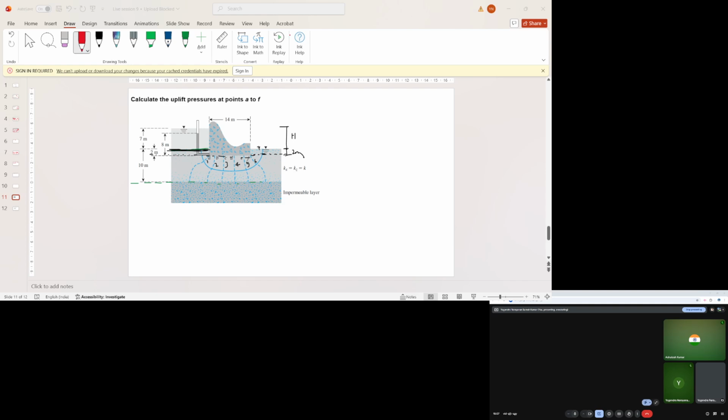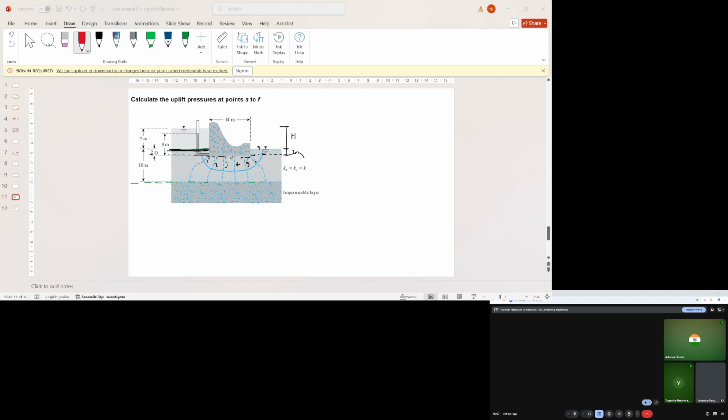If you come to Bernoulli's theorem, total head is divided into how much? Total head is elevation head plus kinetic head plus pressure head. Kinetic head is neglected because the velocity is very small. So the total head here is elevation head and pressure head.